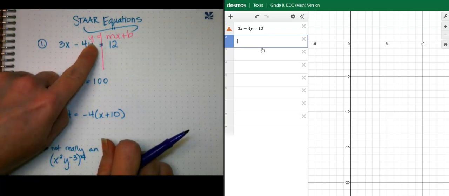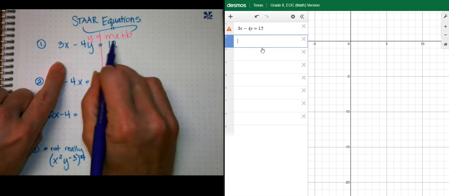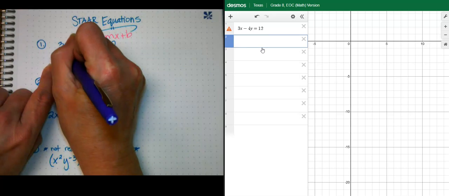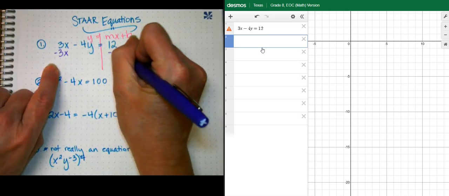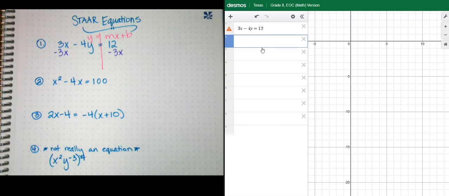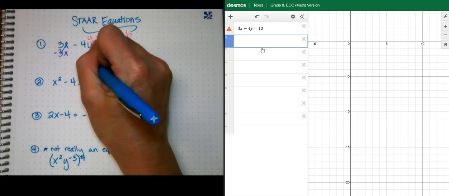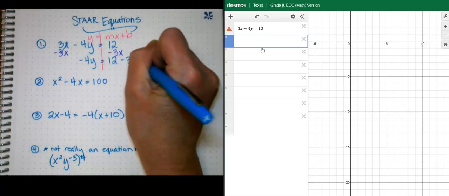We want to leave y all by itself over here. So look at what's over here that shouldn't be here. Well, my x's are supposed to be over there, so I need to make them go away. The beautiful thing about algebra is I can do whatever I want as long as I do it to both sides. All right, so now my equation says negative 4y equals 12 minus 3x.